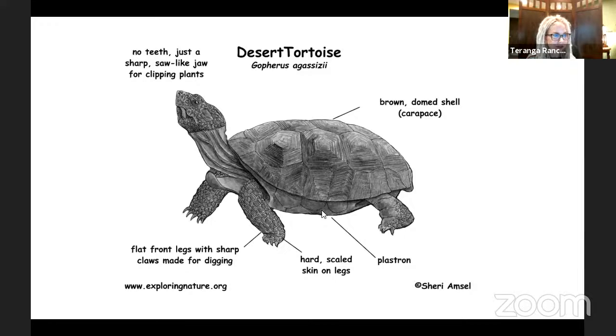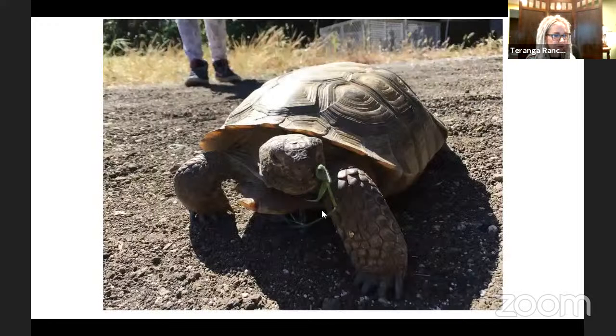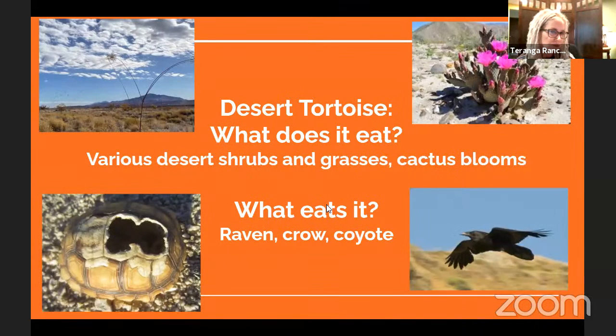I love this. And there's one walking around at an educational event eating some grass. And so what does it eat? It eats various desert shrubs and grasses and cactus blooms. And there are some pictures up here of some of those things.